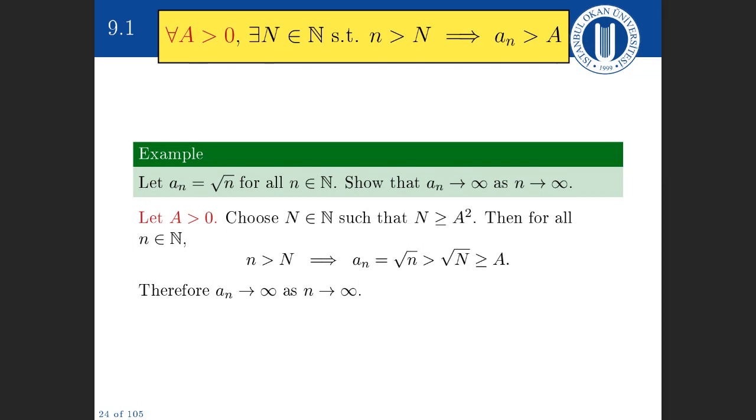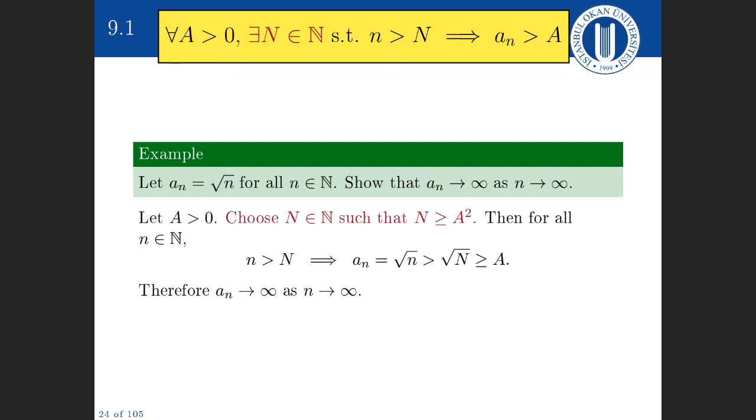Let's talk about why the answer is written like this. Look at the yellow box at the top. The first part is for all A greater than 0. So the first part of our answer should let A be any positive number.